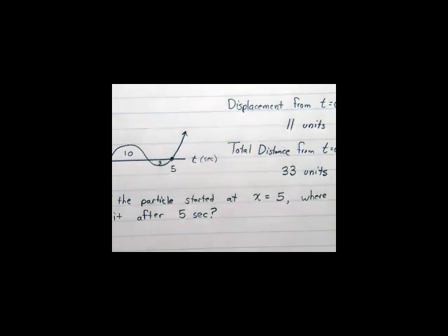So if the particle started at a position of x equals 5, where is it after 5 seconds? So what am I going to use to answer this question, the displacement or the total distance? I want to know what is its location after 5 seconds.